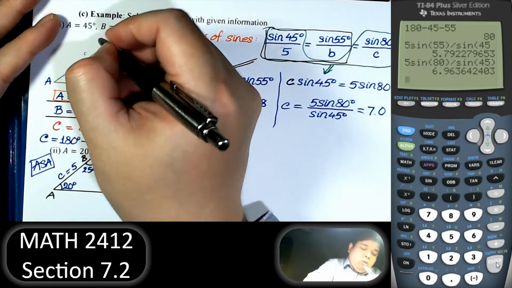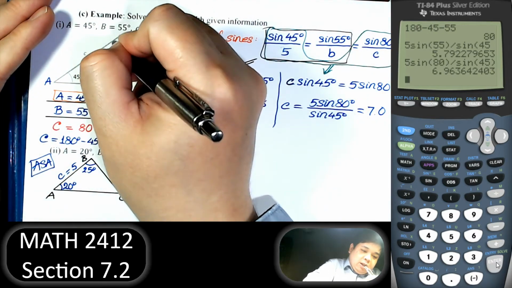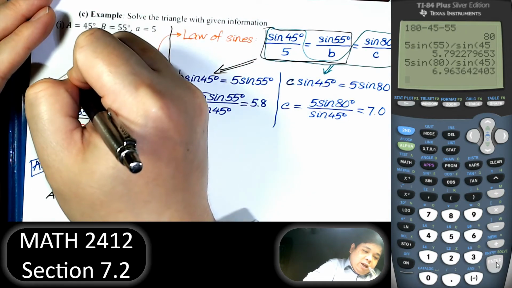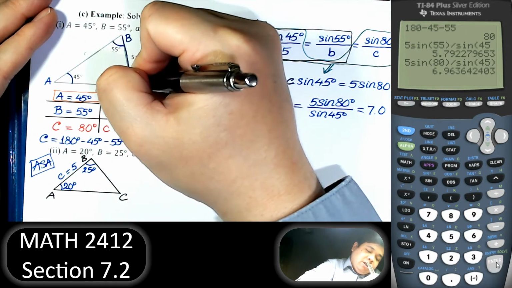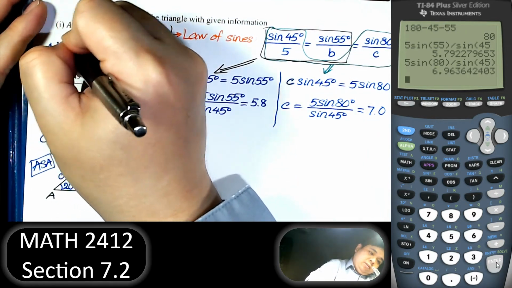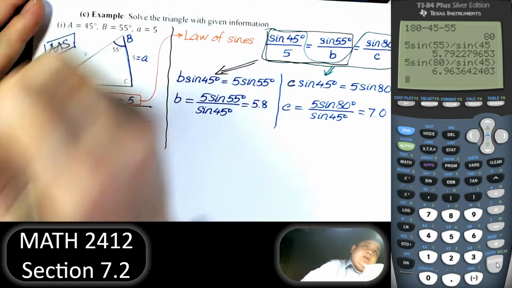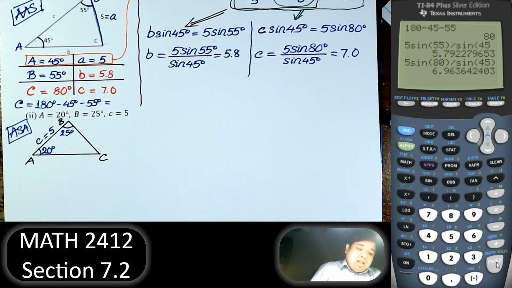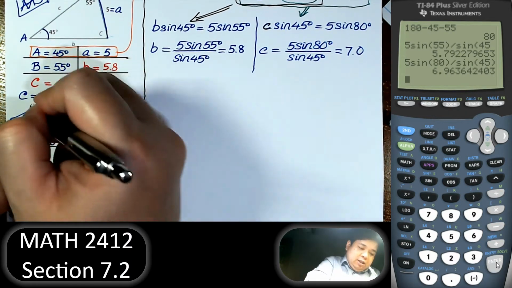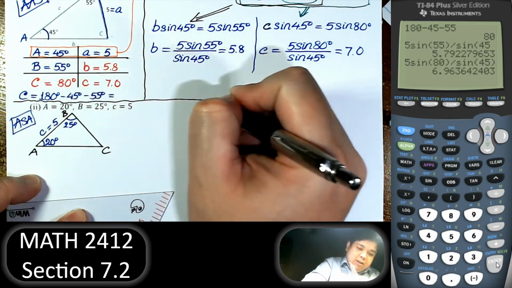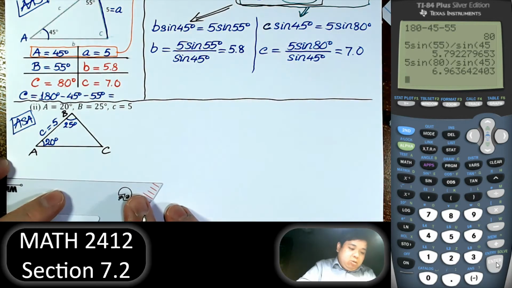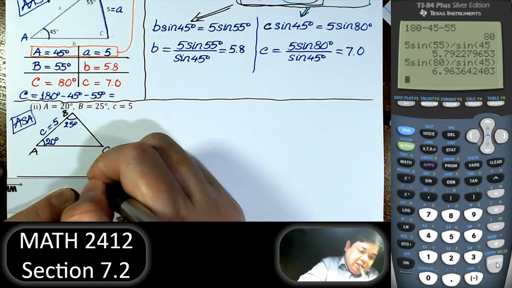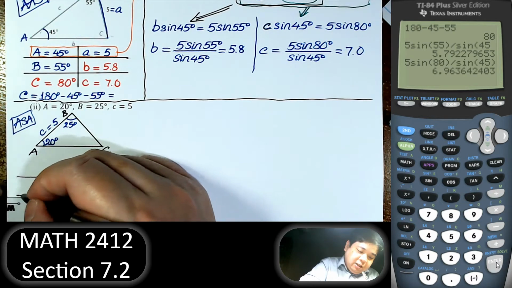As in the previous one we have angle, angle, and then a side. Either case has a unique solution. So now let's write a summary.